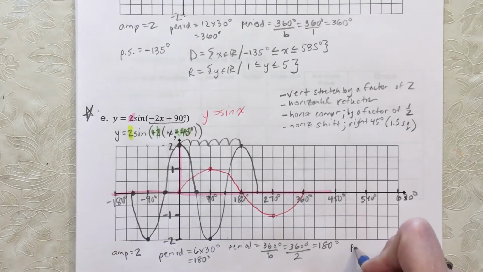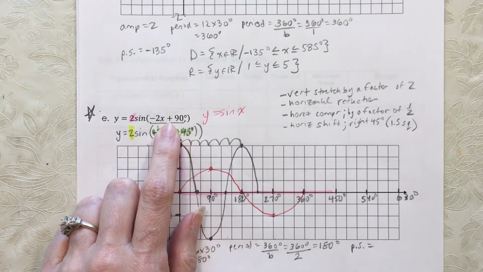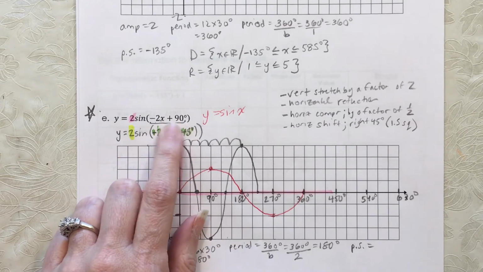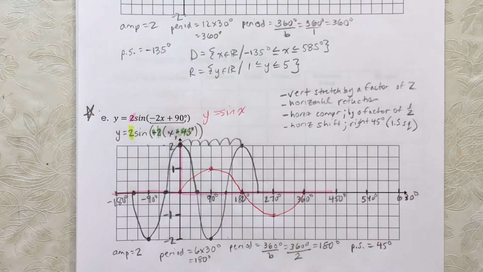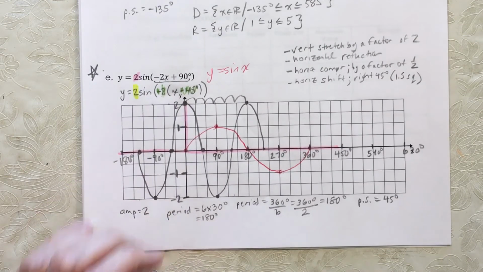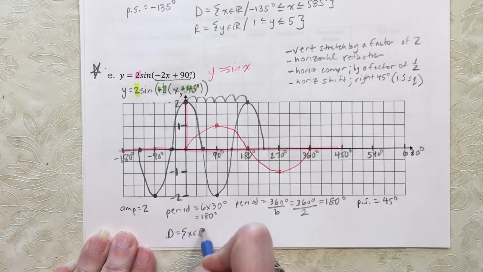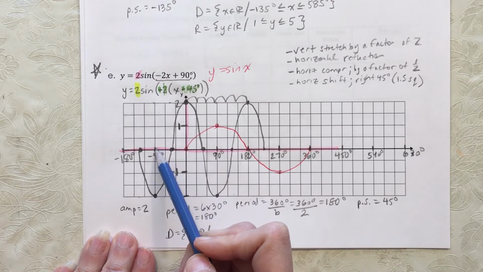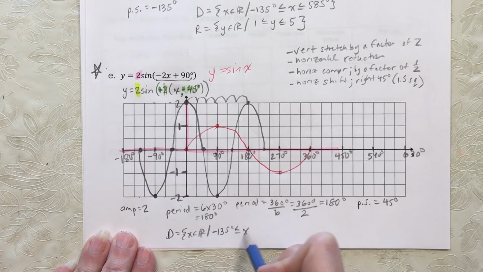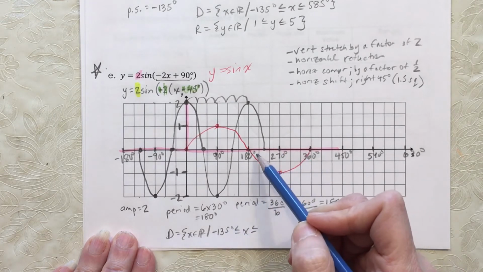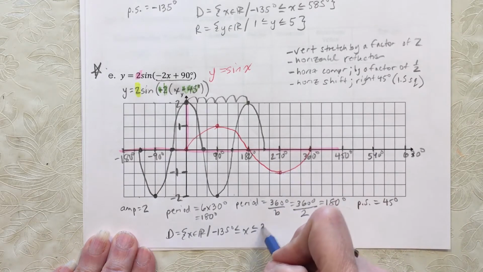Phase shift, and this is where we had to put it into factored form to get the correct phase shift. So instead of being left 90, if we had forgot to put it in factored form, it's right 45, so 45 degrees. And then domain and range for what we drew. So the domain leftmost we get is negative 135. And the rightmost we get is, so it's going to be 210 and 15, 225.